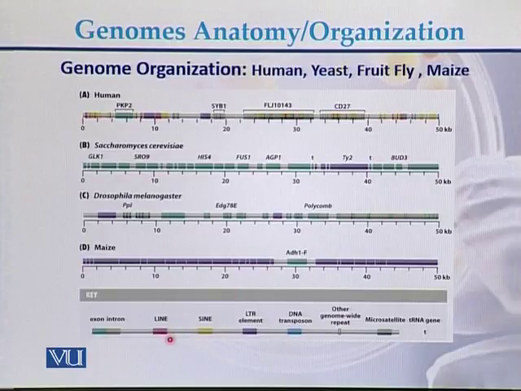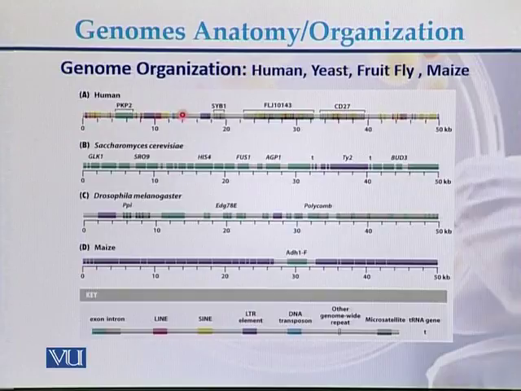The other comparison can be performed between the LINEs, SINEs, LTR elements, DNA transposons, other genome-wide repeats, and microsatellite transfer RNA. So from this comparison, we can conclude that most of the genome of yeast is coding, while very little of the genome of human is coding.